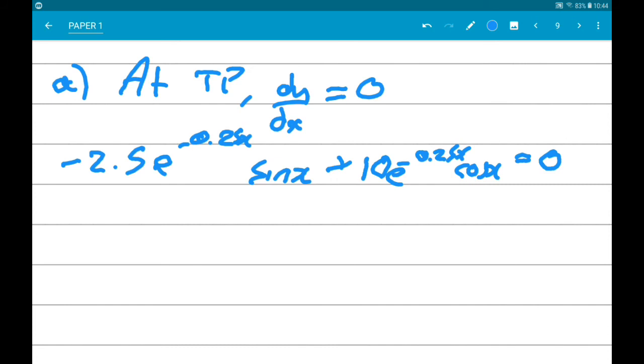Can we divide that away? Yes, because e to the minus 0.25x is never equal to 0.